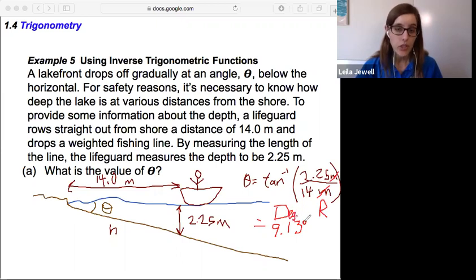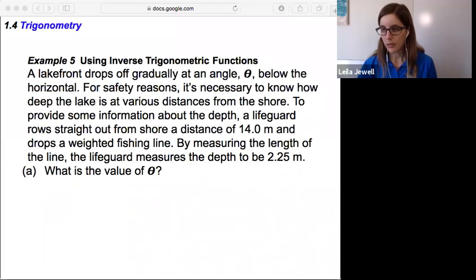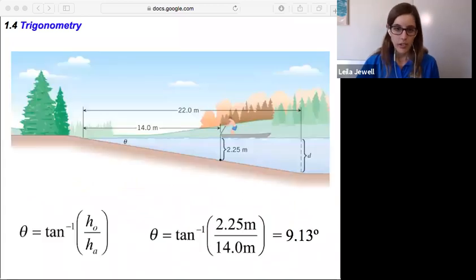So that's something you want to check within your calculator, is what mode it's operating in. And make sure that you get this 9.13 degrees. We'll often be working with degrees, at least for these first few chapters. It's only with rotation that we'll start caring about radians. All right, so checking the work. They show a nice picture here, and they come out with that 9.13 degrees.